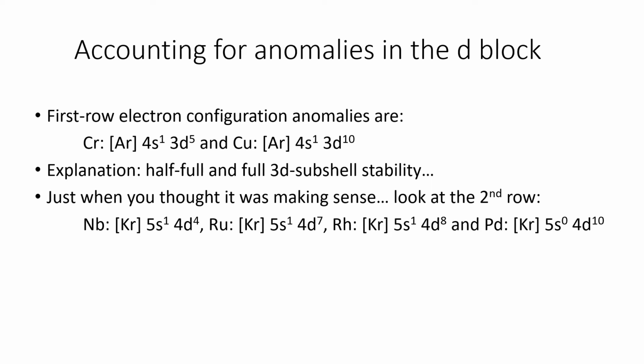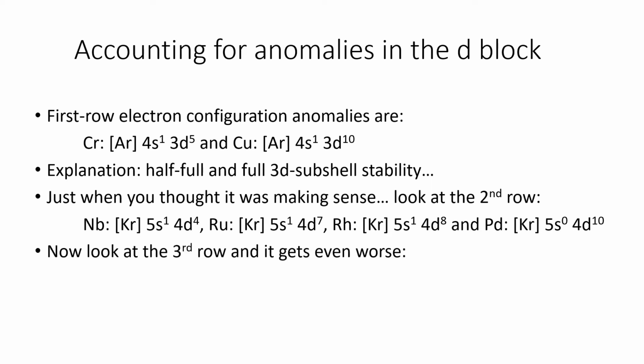That's bizarre. I suppose you get a 4d10 out of it, but 5s0 is rather unexpected. Just as we're recovering from that shock, we look at the third row and it gets even worse, because it's not consistent with the second row or the first row. Tungsten is 6s2 5d4. You could argue that is predicted by the Aufbau principle, but remember this is underneath chromium, so the half full shell hasn't come into effect, giving us 6s1 5d5.